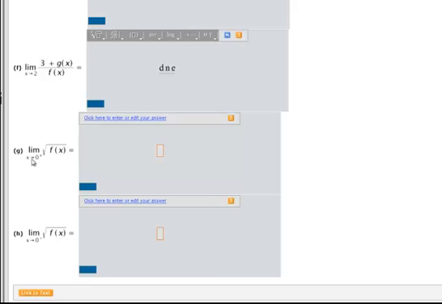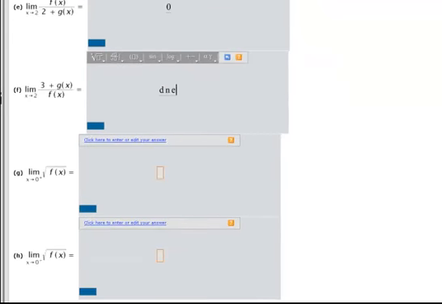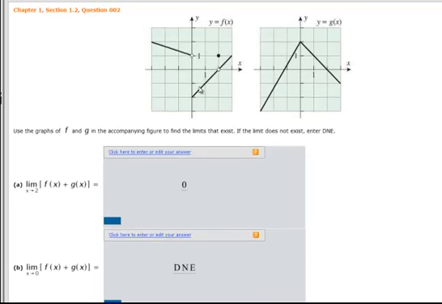Okay, the limit as x approaches 0 of the square root of f of x. Well, again, the limit as x approaches 0 of f of x doesn't exist. From the positive side, it looks to be negative 2.